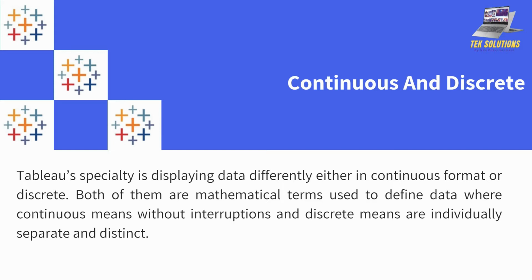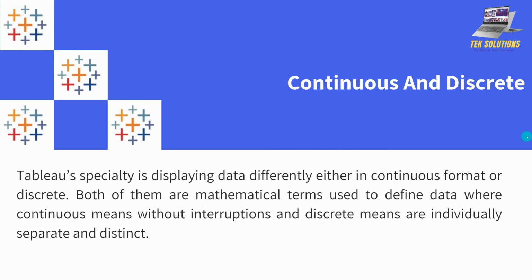Both of them are mathematical terms used to define the data, where continuous means without interruptions and discrete means individually separate and distinct. I hope the names and their definitions are clear.